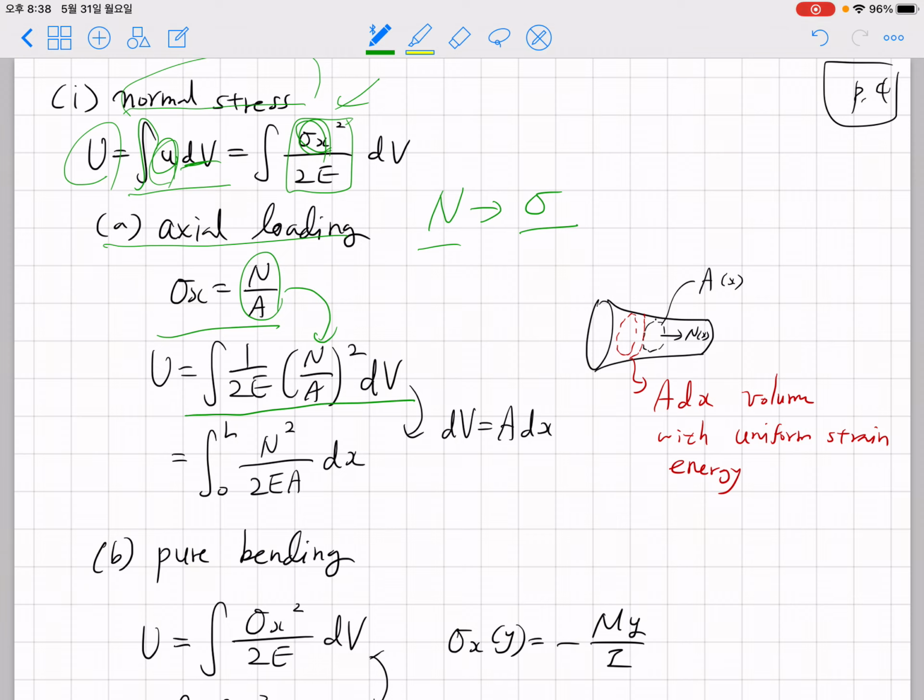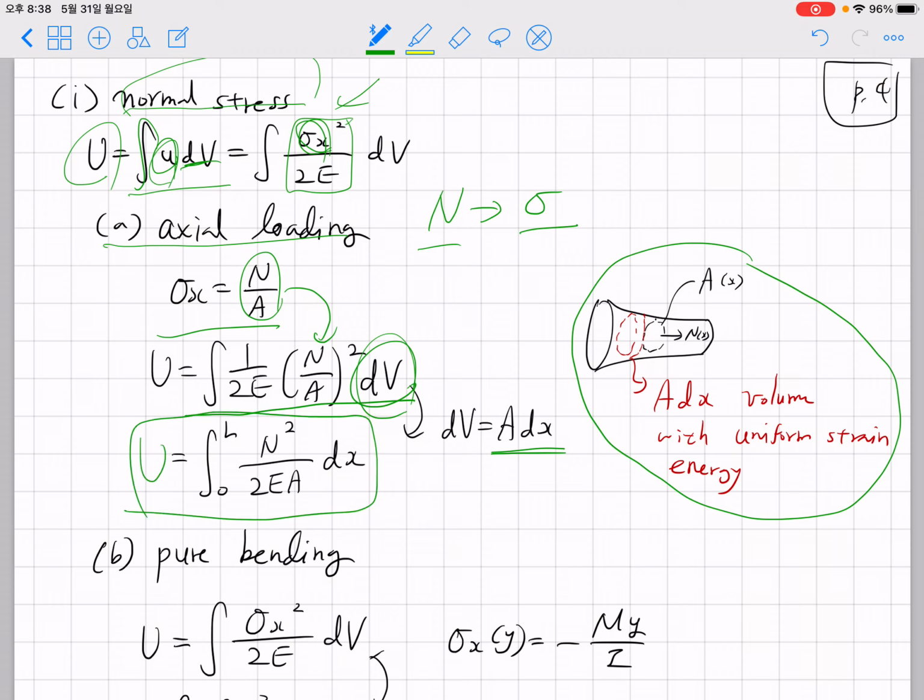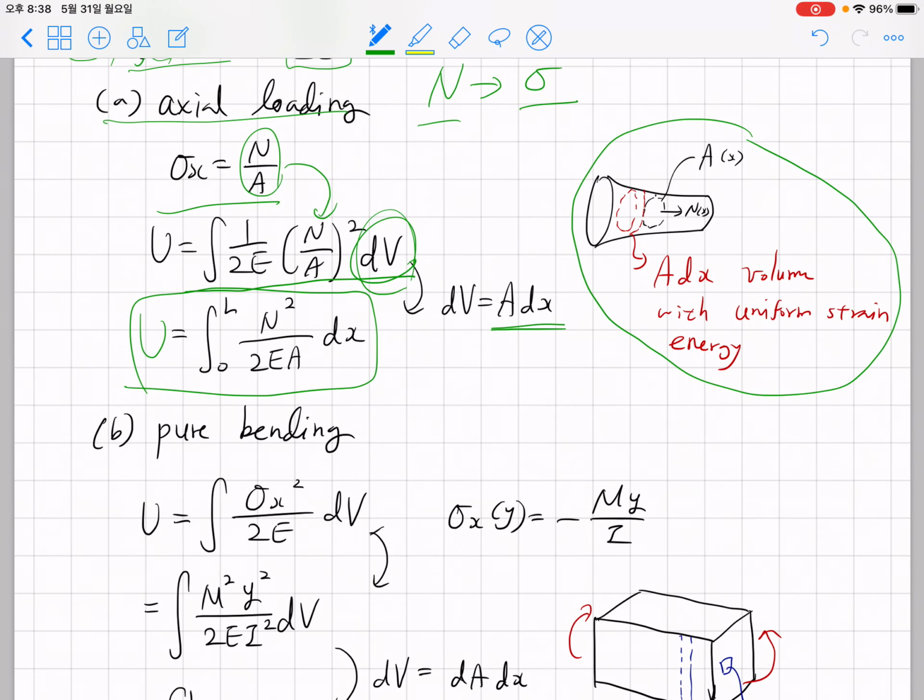Fortunately, this N over A is constant in most cases. Even if we consider a continuously varying cross-sectional area, we can still use this relationship because dV can be written as A times dx. So if you plug in A times dx, the strain energy of the beam under axial loading can be written as the integral from 0 to L of dx N squared over 2EA.